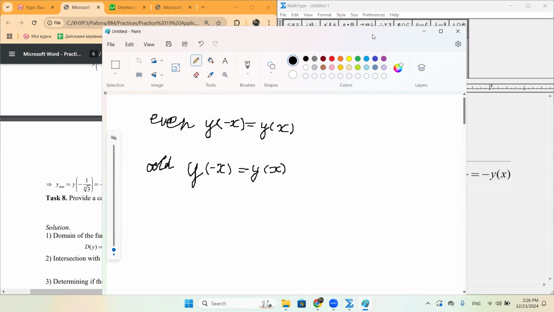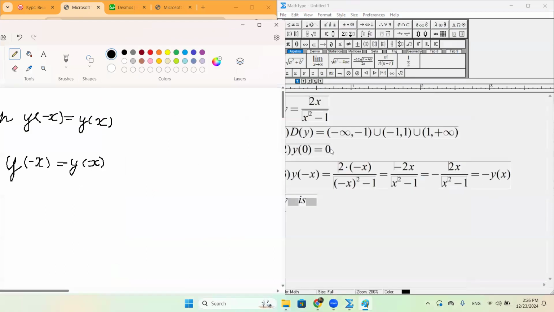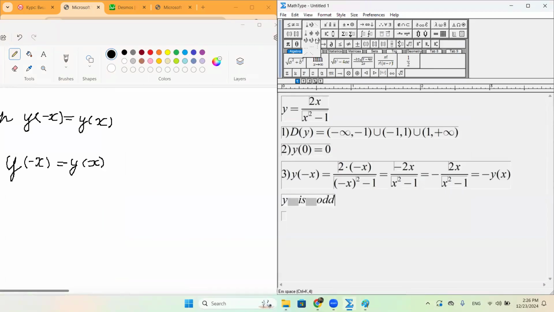So is this function even or odd? It is odd. Yes, it is odd. And the symmetry relative to the y-axis or the beginning of coordinates?